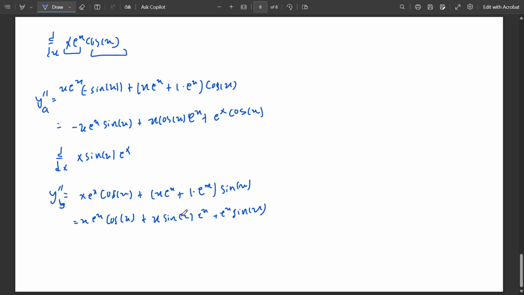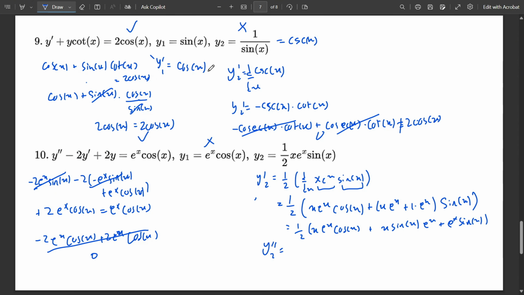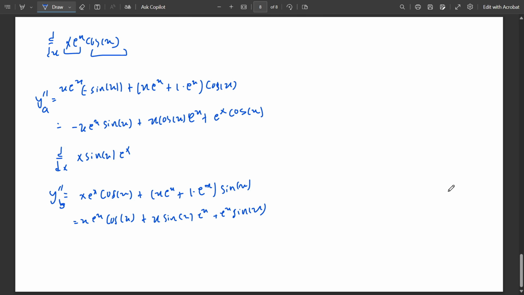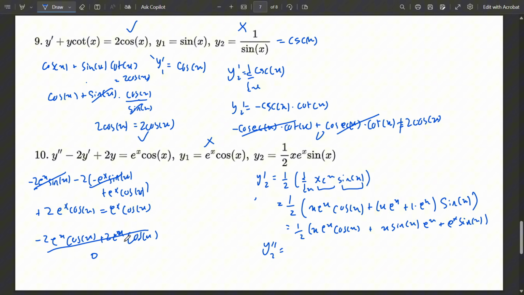Okay, well, can we combine? No, we cannot. So move on to the next derivative, the final derivative, e to the x sine of x. So the derivative with respect to x of e to the x sine of x.